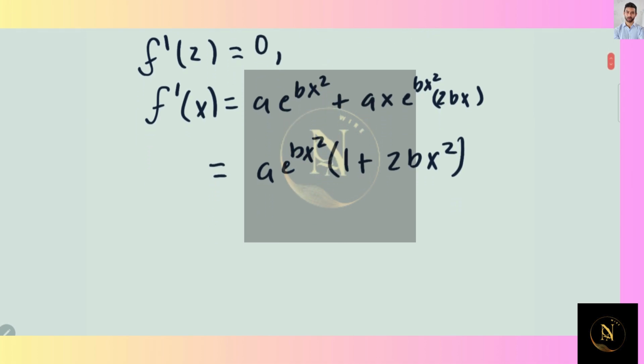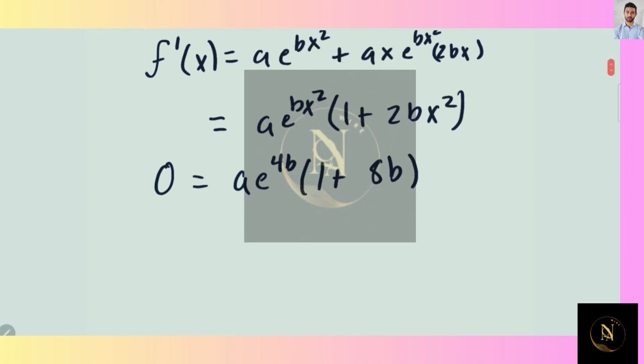Now we know that the derivative at 2 is equal to 0, so we can plug in 2 and set this equal to 0. So 0 is equal to a times e to the 2 squared, which is 4, so e^(4b), times 1 plus 2b times 2 squared, which would be 8b. And this is equal to 0.